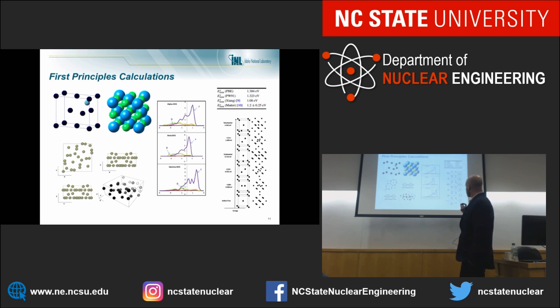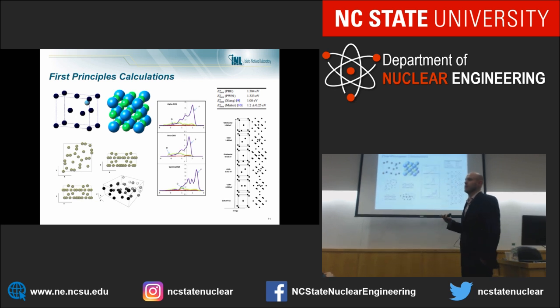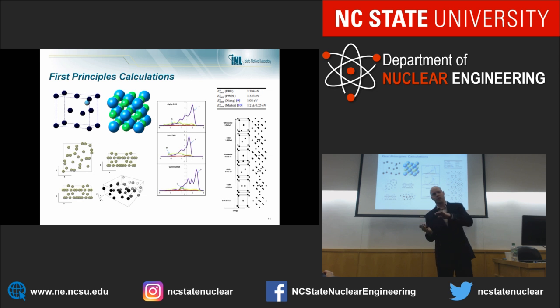One of the main accomplishments of my graduate work is doing the first point defect formation energy calculation in BCC uranium systems. So BCC U is mechanically unstable at 0K. Whenever you're doing work in DFT, it's inherently at 0K.